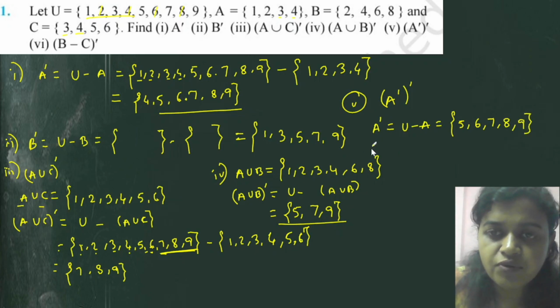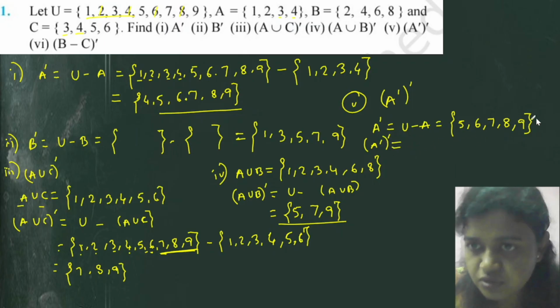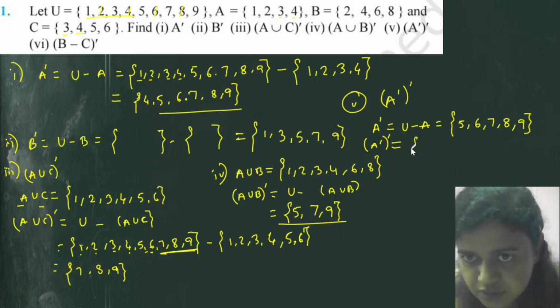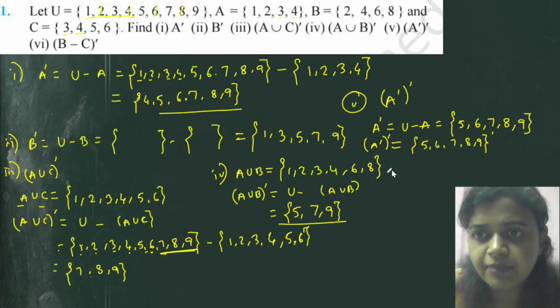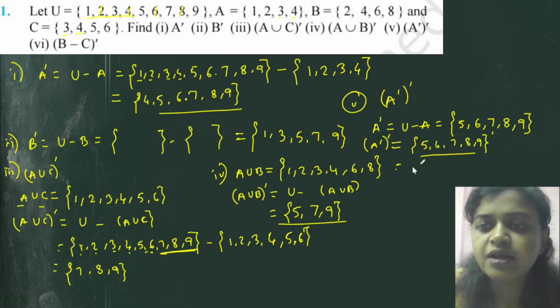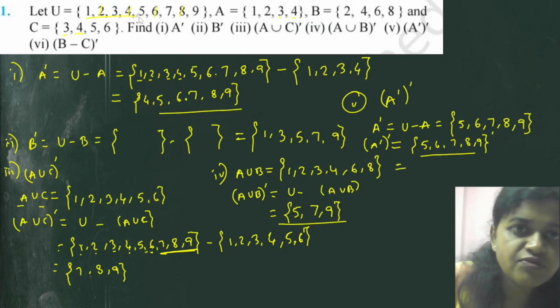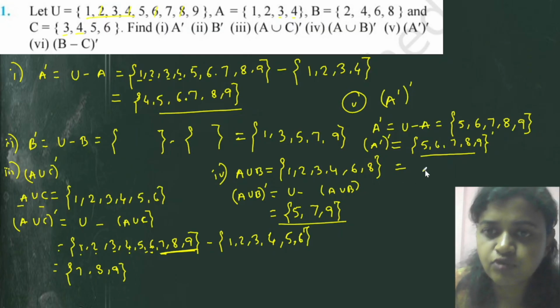Okay. Now we will get A complement of complement. So we have to find the complement of this one, 5, 6, 7, 8, 9 complement. That means we have to remove this from U. So 5, 6, 7, 8, 9 removed, we will get again 1, 2, 3, 4.